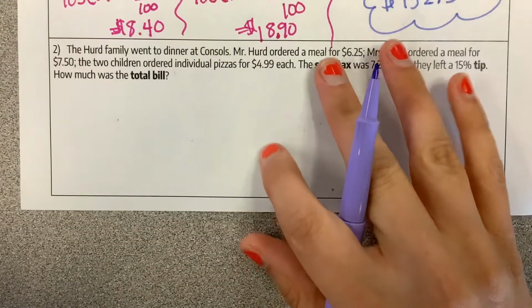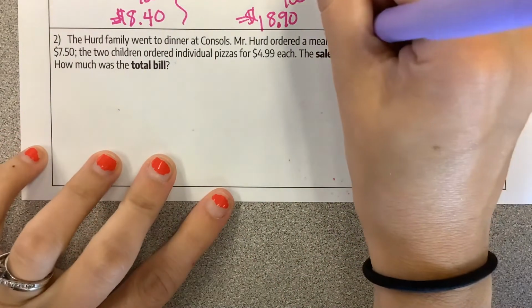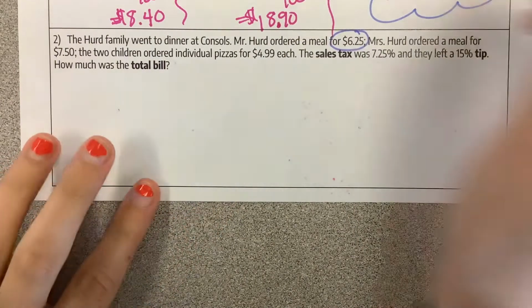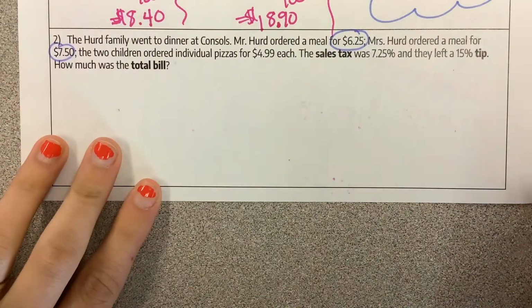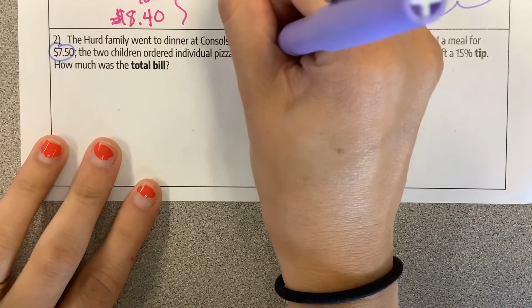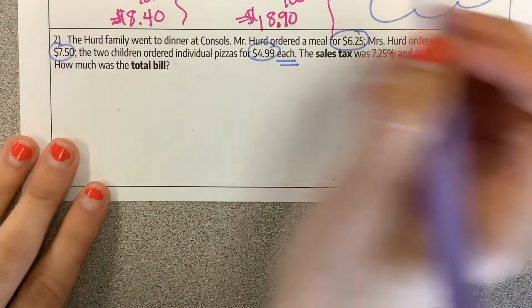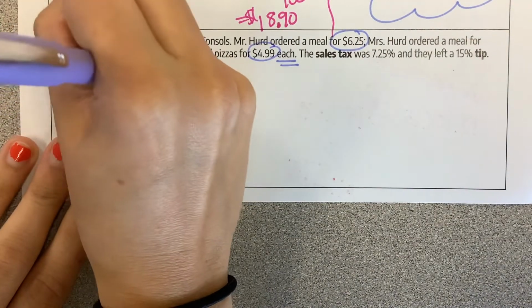All right, let's look at one more. The Hurd family went to dinner at Consols. Mr. Hurd ordered a meal for $6.25. Mrs. Hurd ordered a meal for $7.50. And the two children ordered individual pizzas for $4.99 each. So first we need to figure out what our bill is. We've got $6.25 for Mr. Hurd.